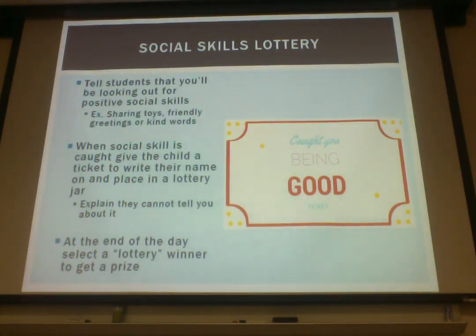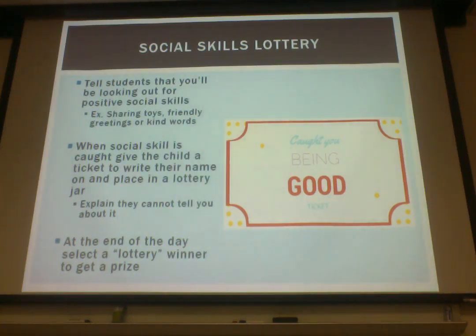Then at the end of the day, like I was saying earlier, you're going to select a winner. So you can either, again, if you have it in a jar or shoebox, pull one out. Depending on how you feel about it, you can select one winner, 2 winners. It depends on how many lotteries you're doing and how often you want to do this. And then those lottery winners get a prize.